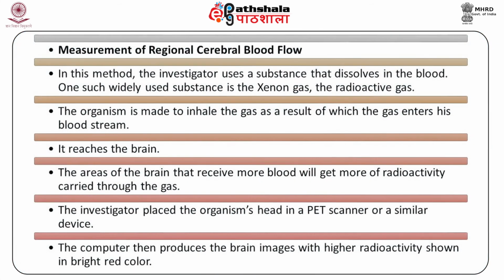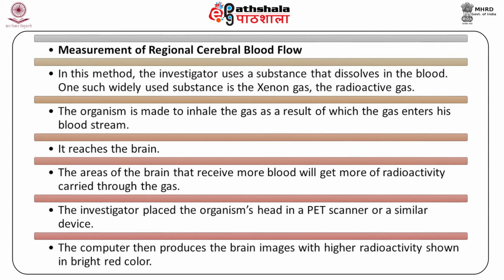In this method, the investigator uses a substance that dissolves in the blood. One such widely used substance is the xenon gas, the radioactive gas. The organism is made to inhale the gas, as a result of which the gas enters his bloodstream.